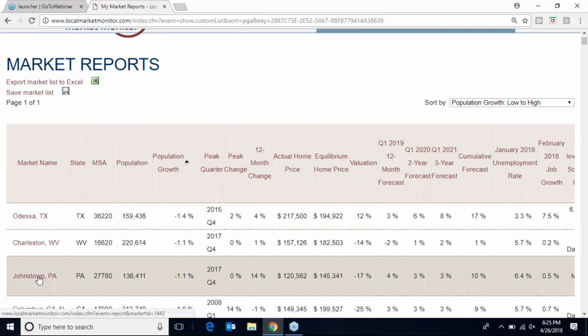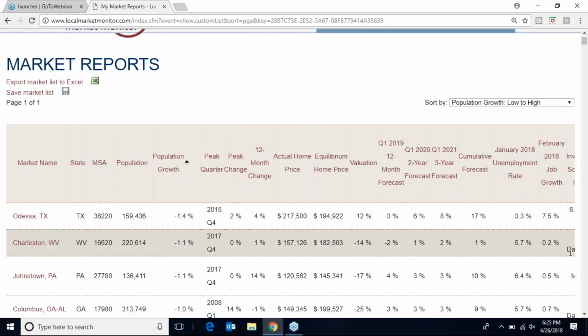Perfect. Yep, exactly. So if you want to pull the full market report, say you're going over to the ratings column, the investment scoring rating, and you sort by it, and you want more detail on a market that has an 8 or a 9 rating, and you want to know why, that market report is going to give you a full picture. It's generally a combination of not just one factor.